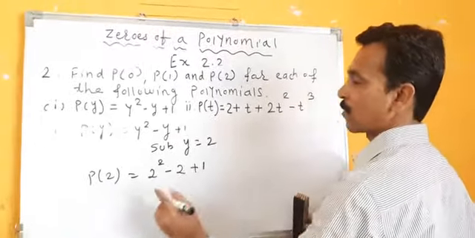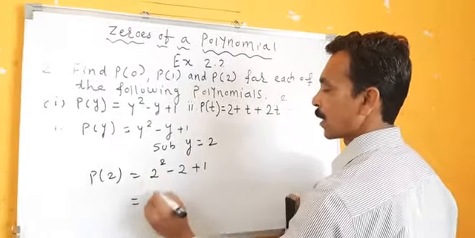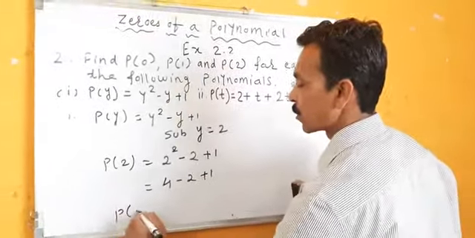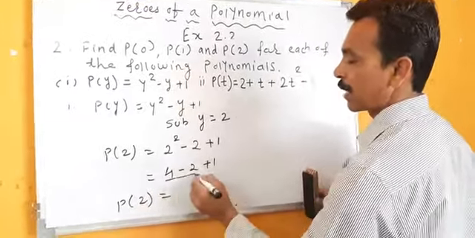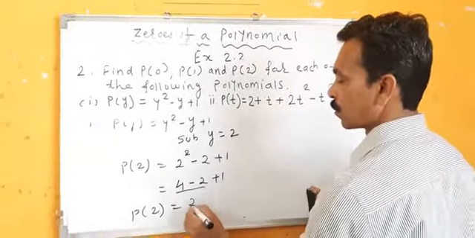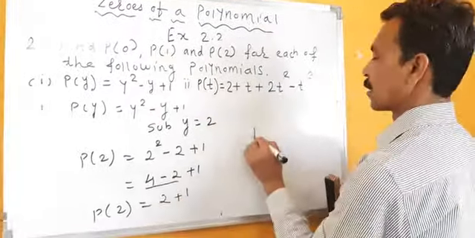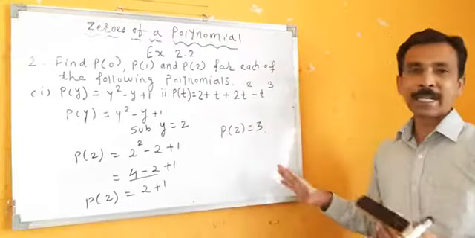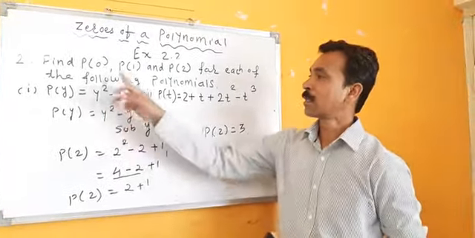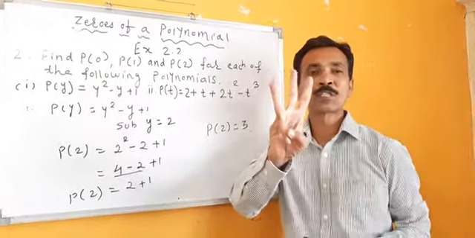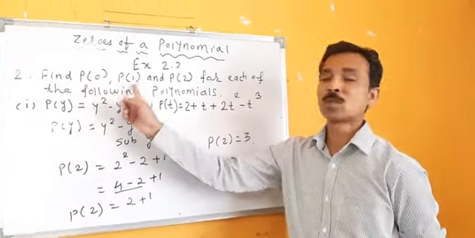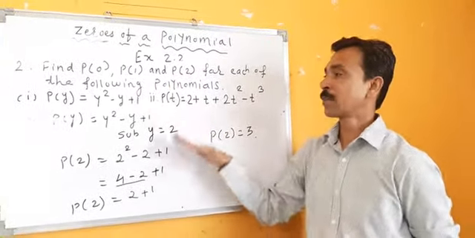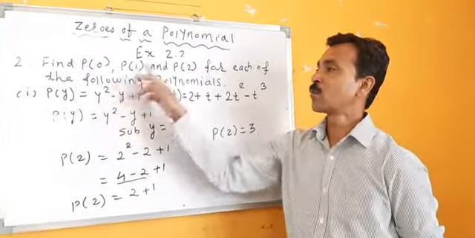Why 2? Because the value of y is 2. 2 square is 4 minus 2 plus 1. So P of 2 is 4 minus 2 is 2, plus 1. So P of 2 is equal to 3. Right? So for the first polynomial, how many values have we placed? 3. First P of 0, then P of 1 and then P of 2. So this is the way to find P of y for these values.